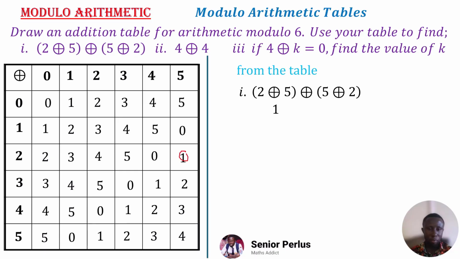Then 5 plus 2. So there's 5 here plus 2, still 1. Then 1 plus 1 is 2. So that's it. It is 2.